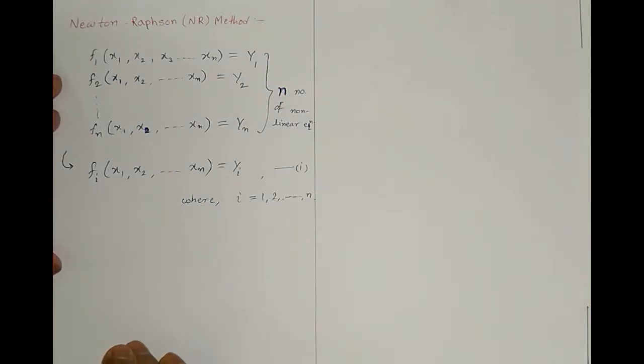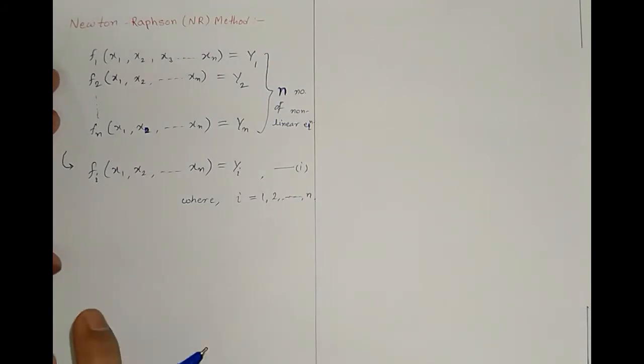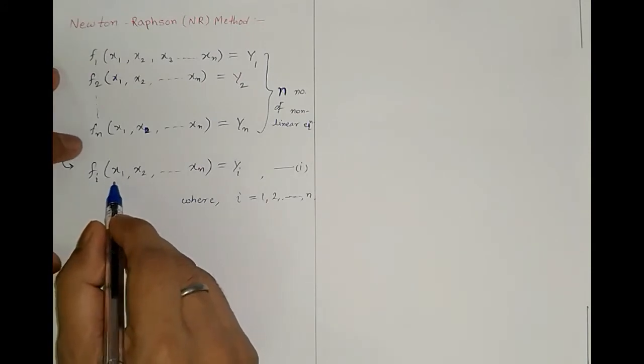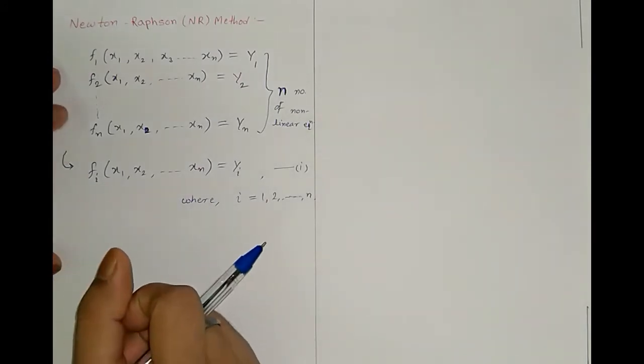In the Newton-Raphson method, first of all we have to assume initial values, and these initial values are substituted in the equations to find the errors.